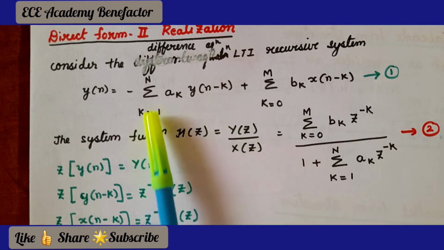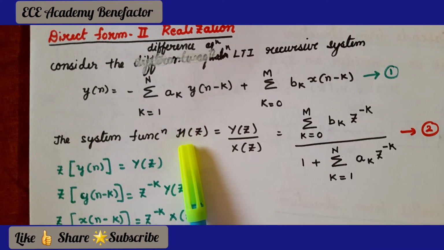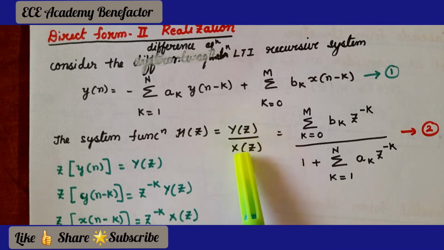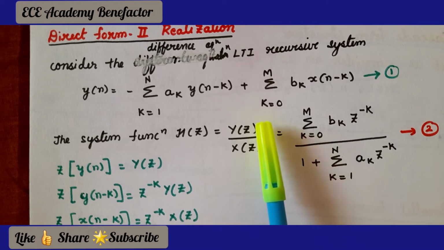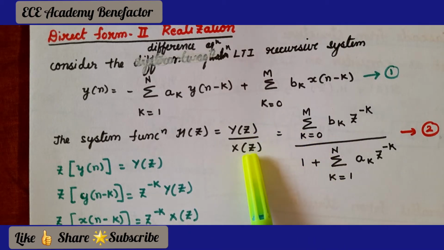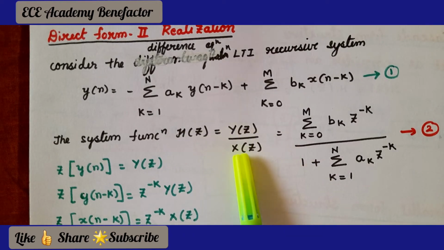So, what is system function? System function or transfer function is given by H of z. H of z is equal to output by input. Output is Y of z, input is X of z. So, H of z is equal to Y of z by X of z.